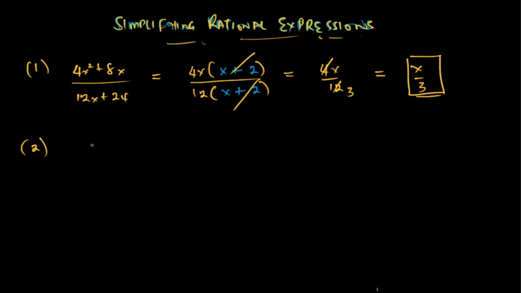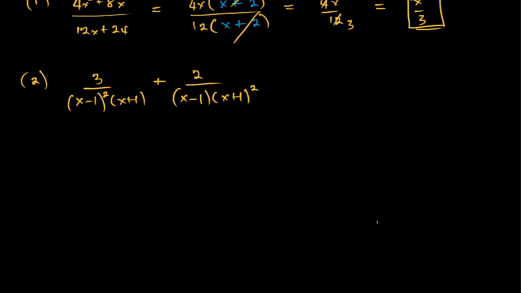So you have to simplify 3 divided by (x minus 1) raised to the power 2 times (x plus 1), plus 2 divided by (x minus 1) times (x plus 1) all squared. Now, we want to simplify this whole thing.